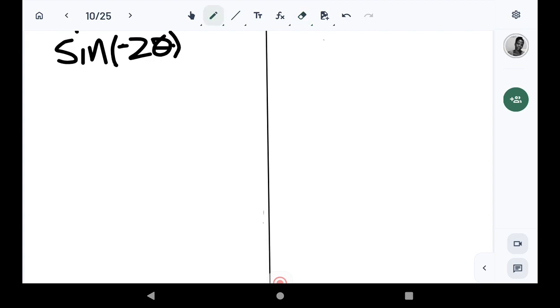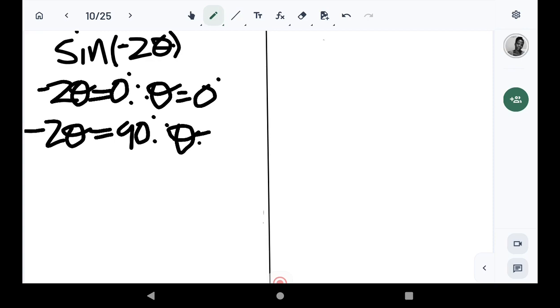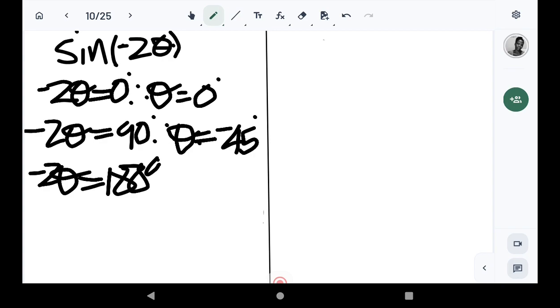Critical points. Minus 2 theta equals 0, therefore theta equals 0. Minus 2 theta equals 90, therefore theta equals 90 divided by negative 2, which is negative 45 degrees. Negative 2 theta equals 180, therefore theta equals negative 90 degrees.